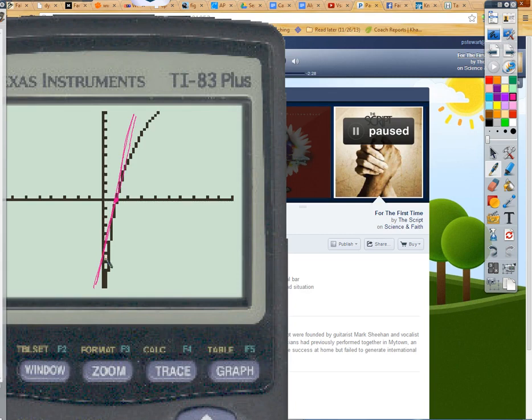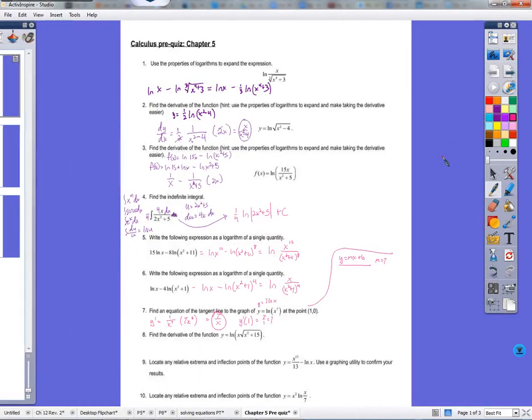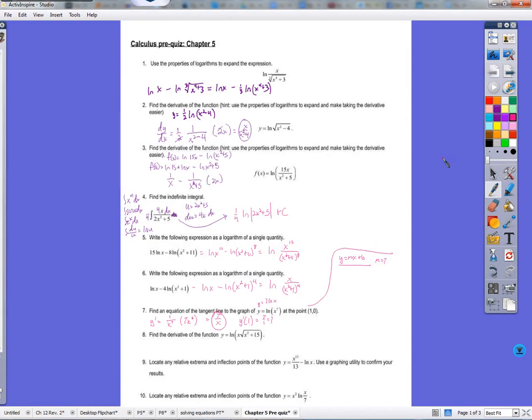Well, we know the y-intercept we just found was, let's see, what's going on here? We just found the y-intercept was 7. That's 7 at 1, 0.